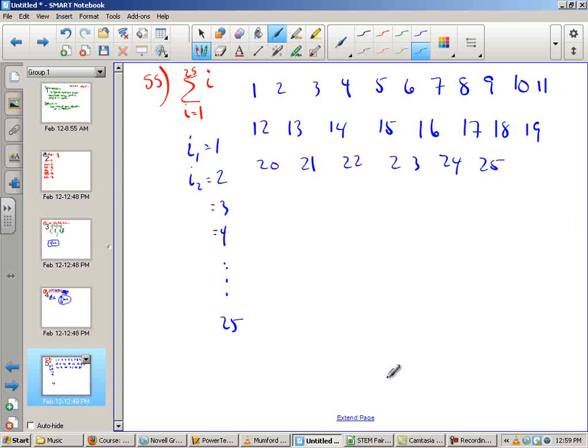Now, when you add all this stuff up, you can just use your calculator and add them all up. There's also tricks along the way.